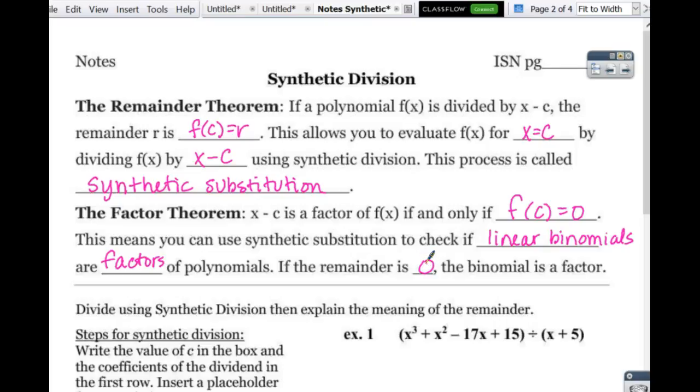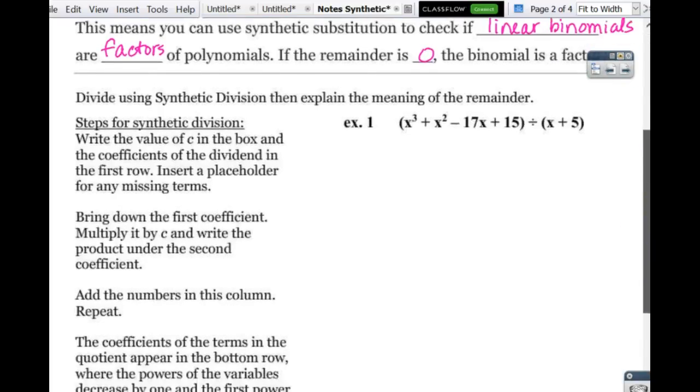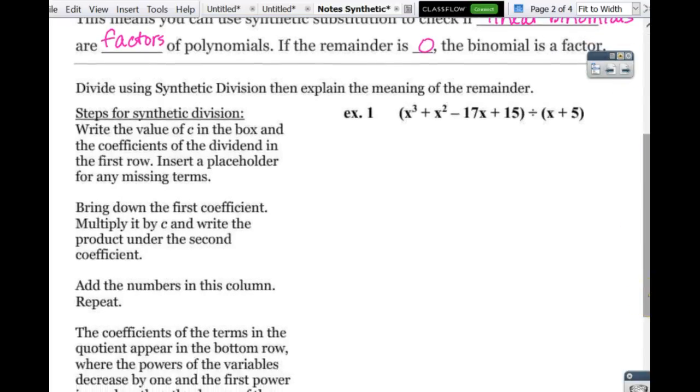So if there's a remainder, it's a point. If it's 0, it's a factor, which means it's a root or an x-intercept.